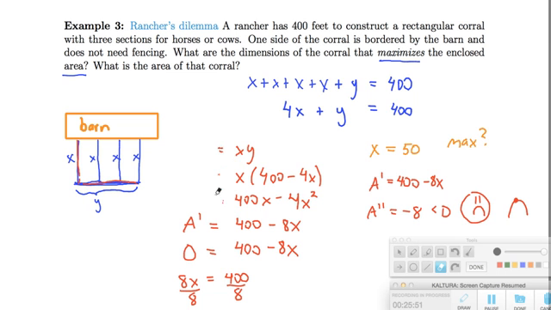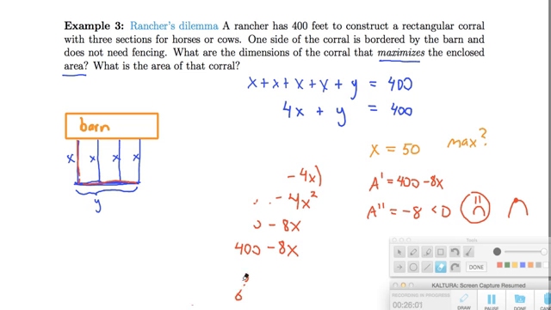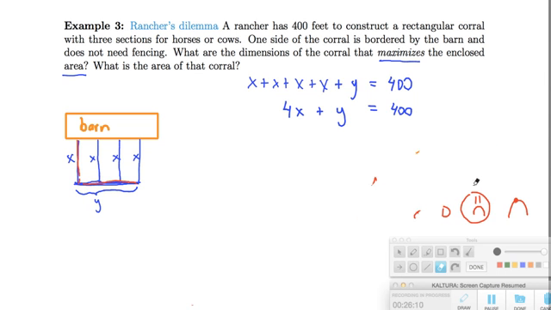That's what we just found. So x equals 50 is going to be the ideal.